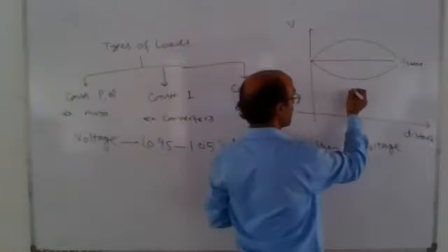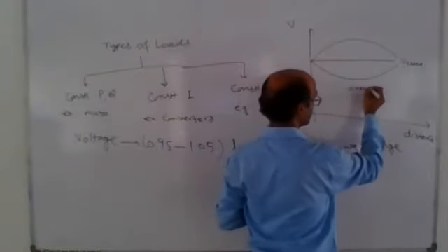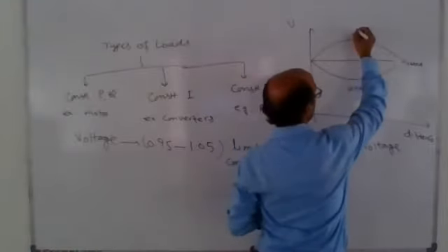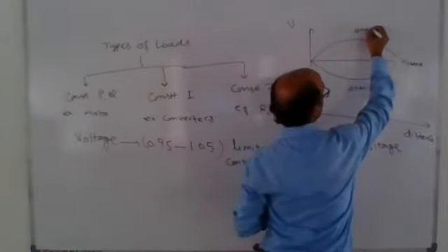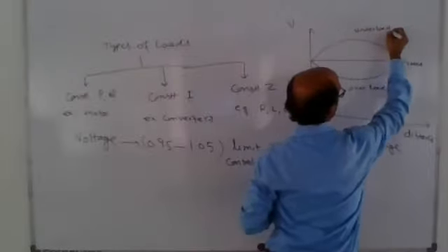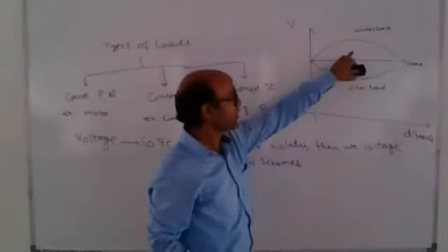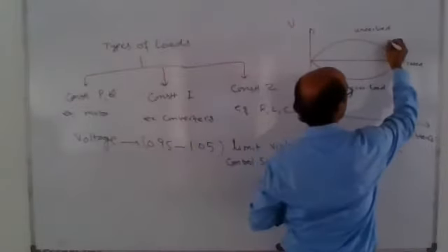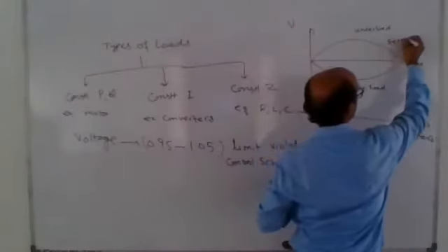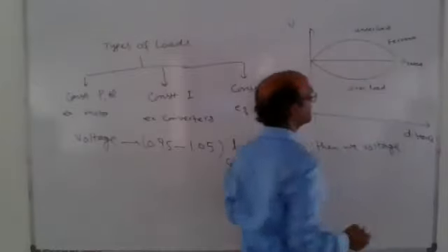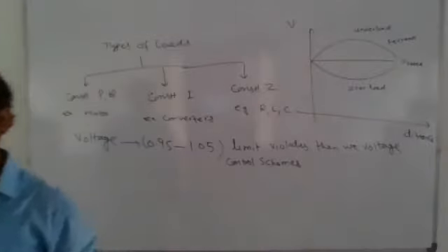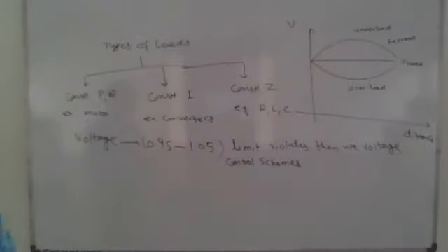So this is overloading, and this is underloading, or below load. This kind of effect you have encountered, this is the Ferranti effect. In the Ferranti effect, you are getting receiving end voltage more than the sending end voltage.